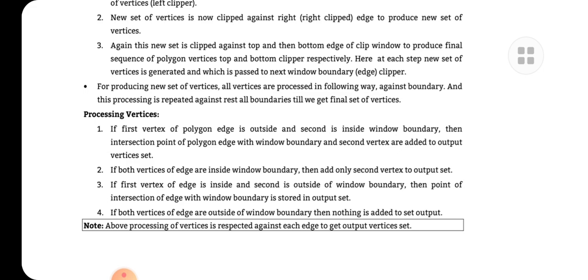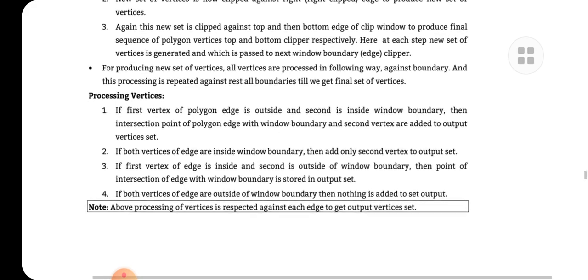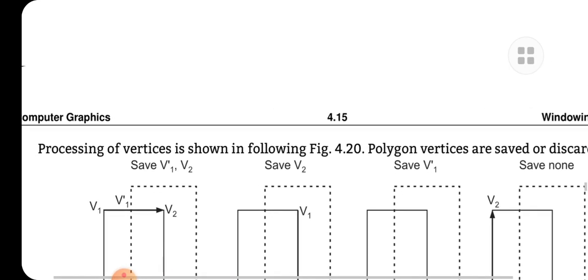If the first vertex of the edge is inside and the second is outside, the point of intersection of the edge with the window boundary is stored in the output set. If both vertices of the edge are outside the window, nothing is added to the output set.